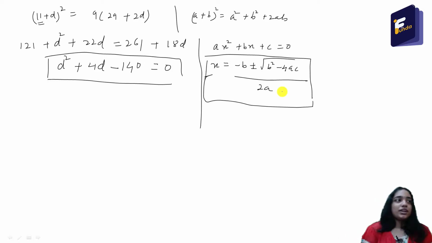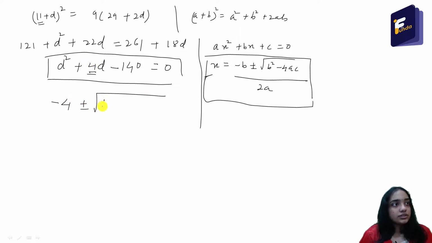So now let's apply this formula to this equation, that is d square plus 4d minus 140 equal to 0. So it will be minus b. Here b is 4. So minus b plus minus root over of b square, that is 4 square, 16, minus 4 into a.